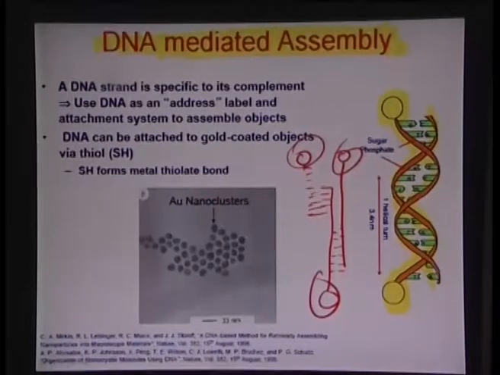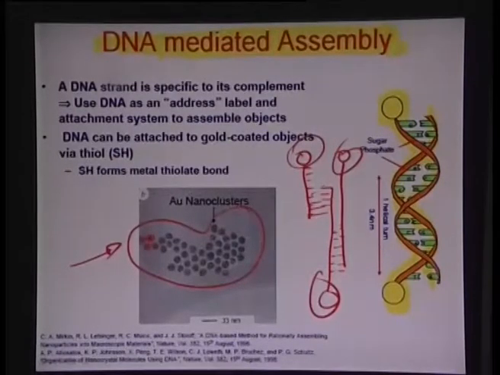All right. How you get to know whether the DNA are self-assembling is by looking at what happens after giving sufficient time for these particles to assemble. So this is essentially a scanning electron micrograph of these different gold particles. As you can see, they form these clusters. So these are gold nanoclusters, which is indicative of the fact that they are bound together by the DNA functionalization which these gold nanoparticles have individually on their surface.